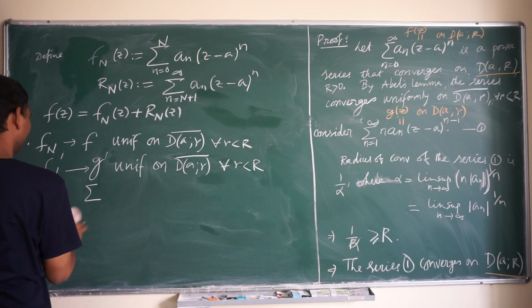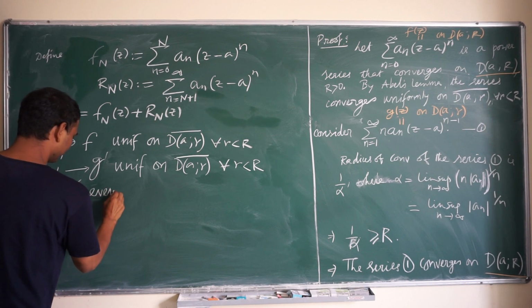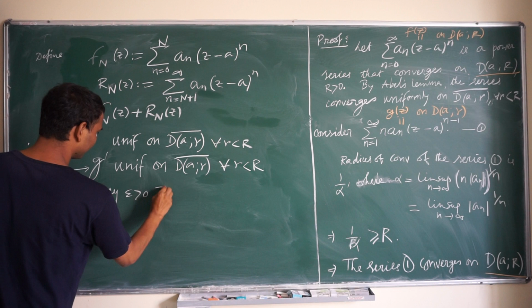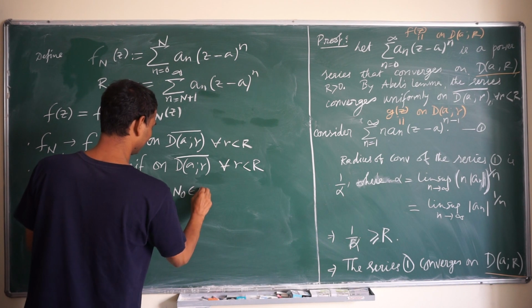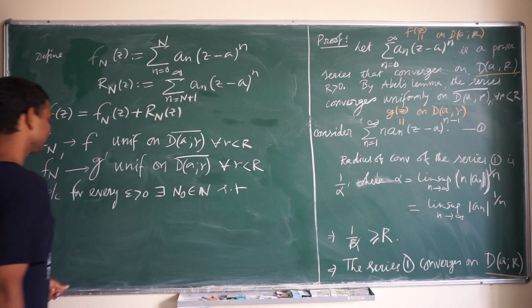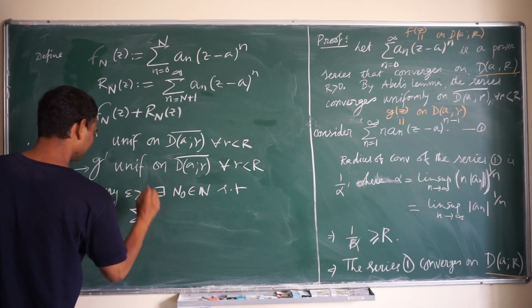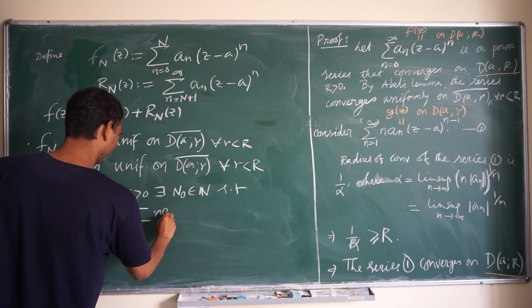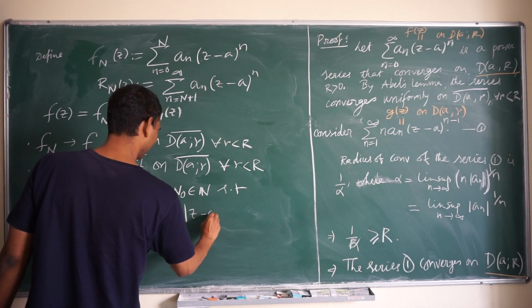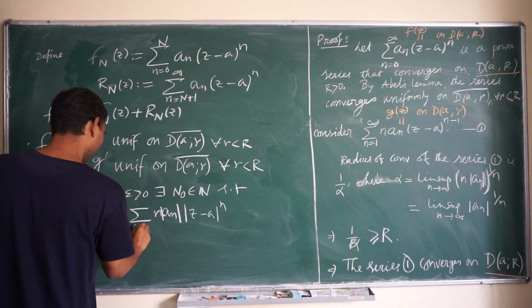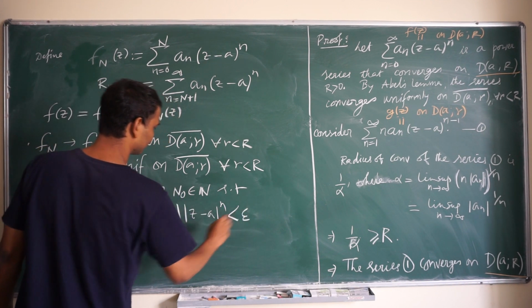because for every epsilon greater than 0, there exists capital N naught such that the following holds: this sum of n mod z minus a to the n, for n from n naught plus 1 to infinity, is less than epsilon.